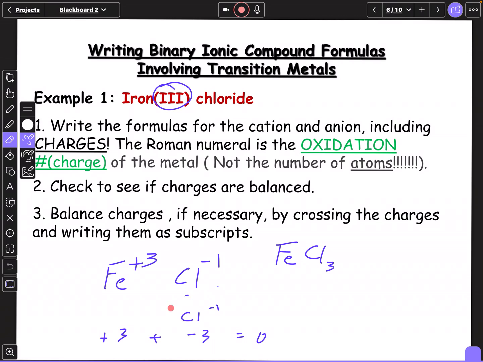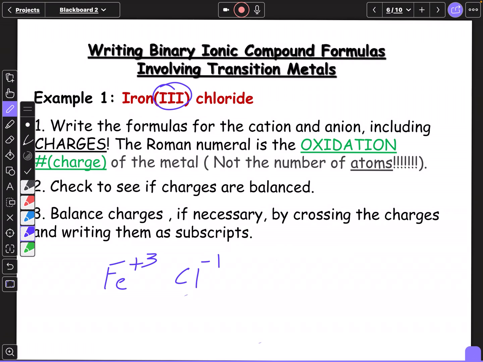Or I could do the cross method, whichever way works better for me. In this case, I write the cation and anion, which is just the ions formed. I'm going to cancel out my positive and minus.